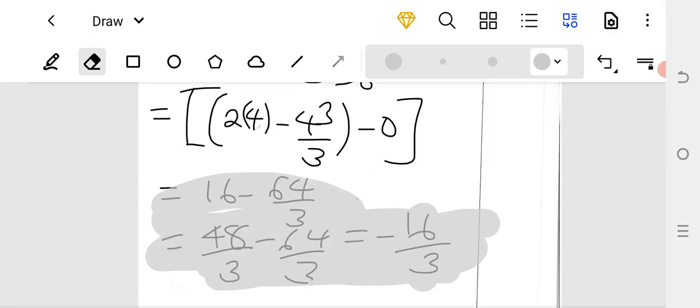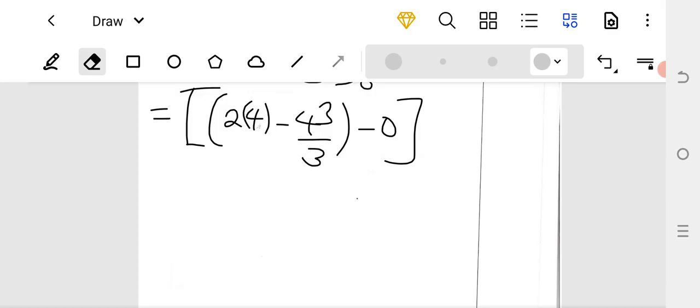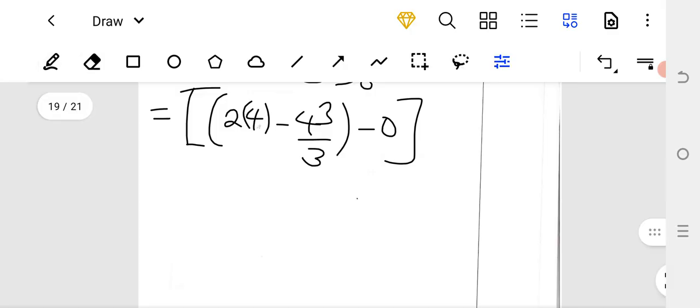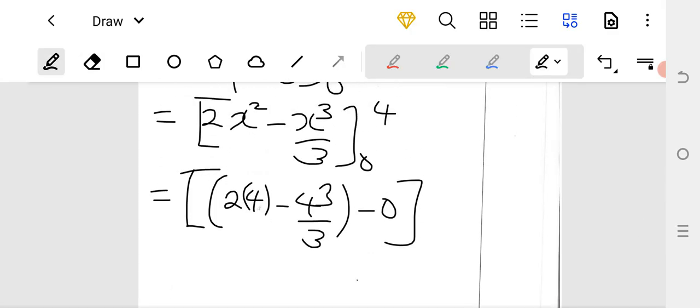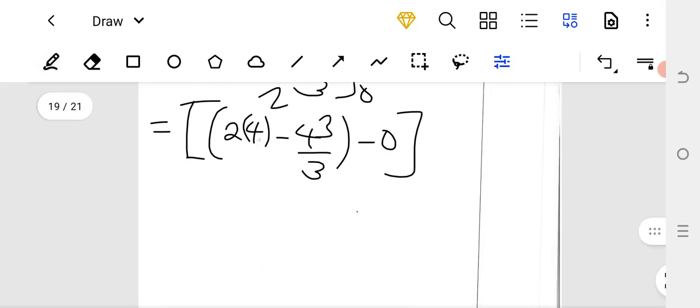I have already seen where the mistake was made, so I've cleaned up. Remember that here there's the power 2, right? 2 multiplied by 4 squared, so we are plugging in a 4. It was actually 2 multiplied by 4 squared. In my head, I only did 4 squared. I didn't multiply by 2.